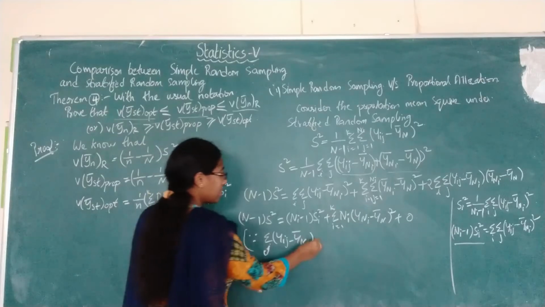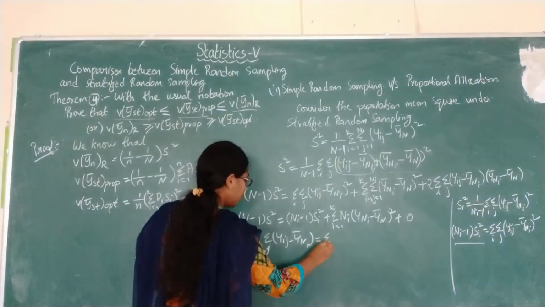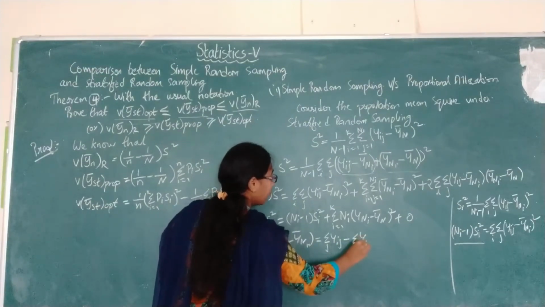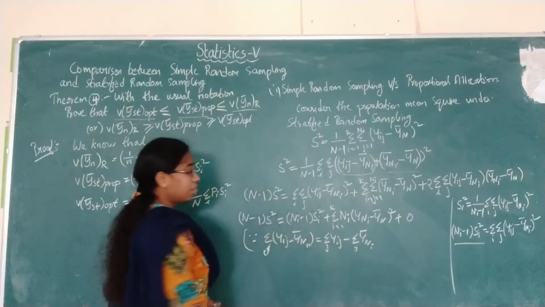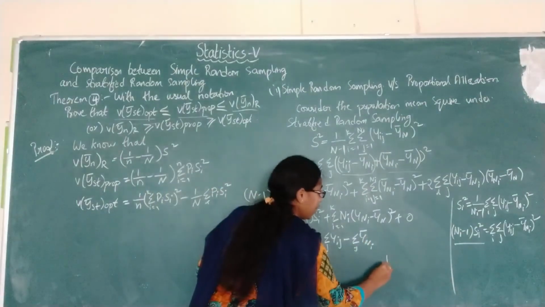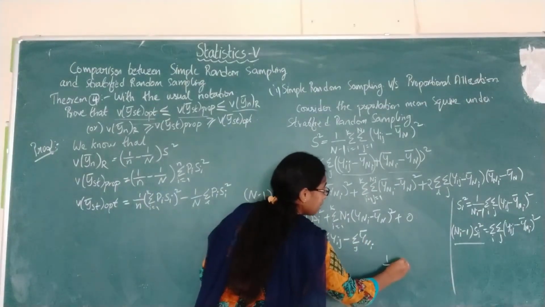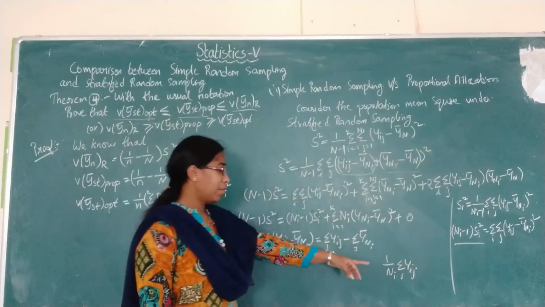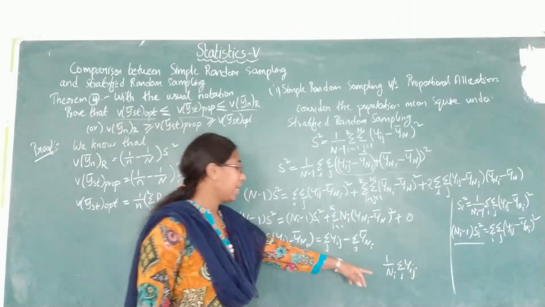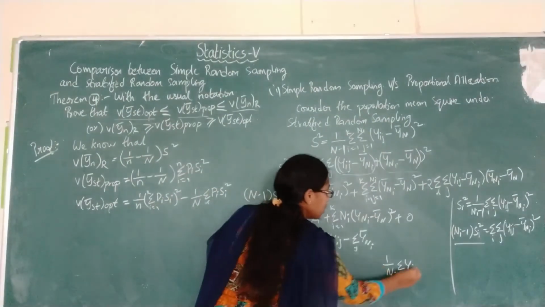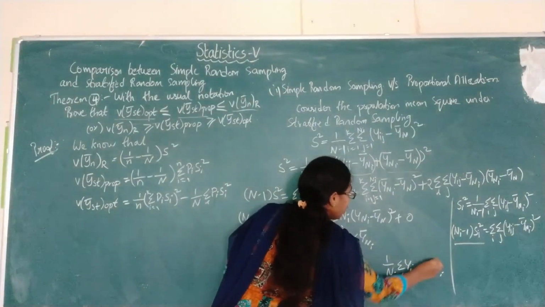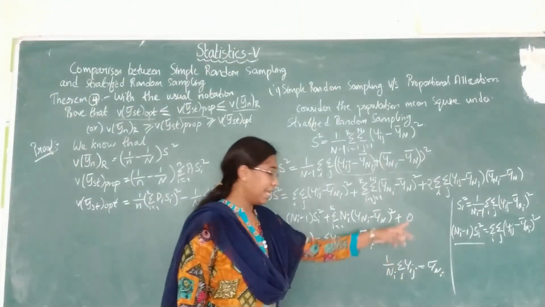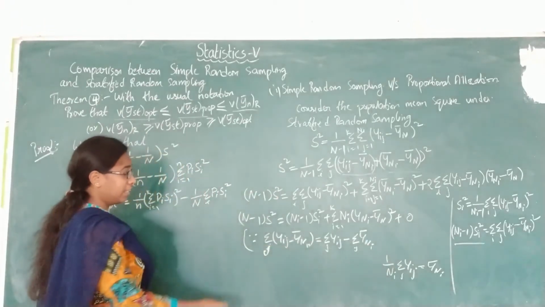Expanding this summation, we get summation over j yij minus summation over j yni bar. What is the ith stratum mean value? 1 by ni summation over j yij. Now I want only summation yij, so sending ni to that side, you will get summation yij.